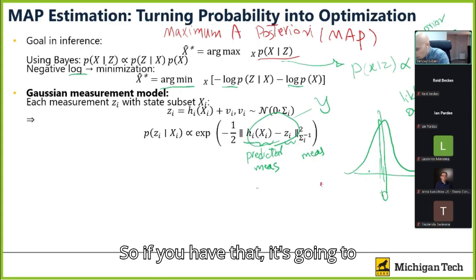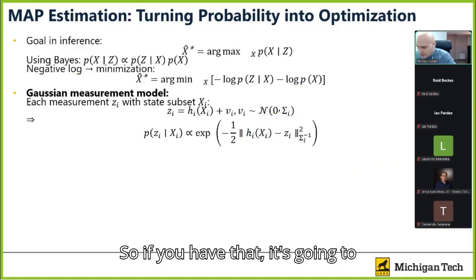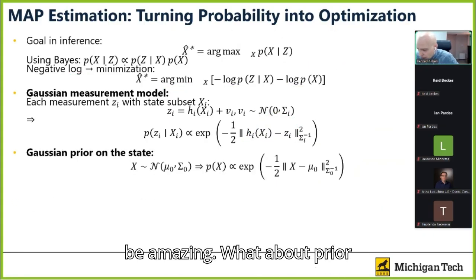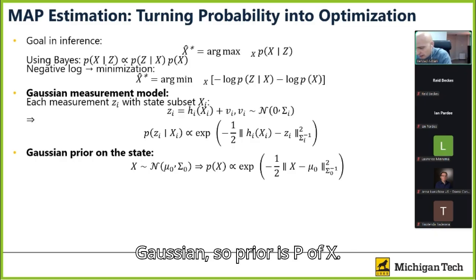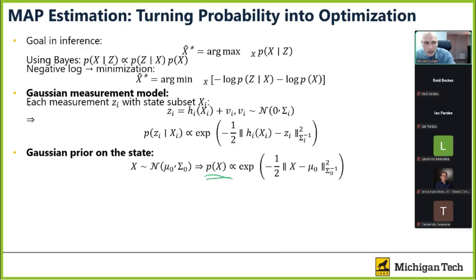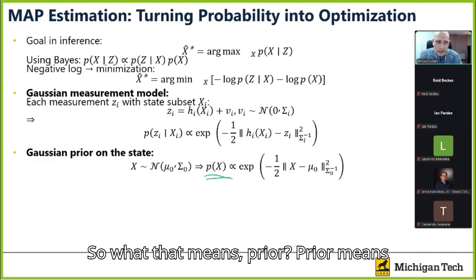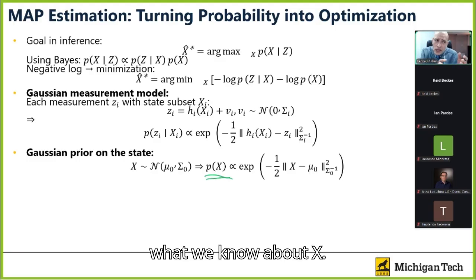If you have that, it's going to be amazing. What about prior information? If the prior is also Gaussian, the prior is p of x. What does prior mean? Prior means what we know about x, how much we know about x.